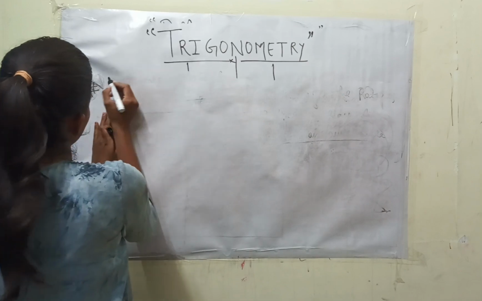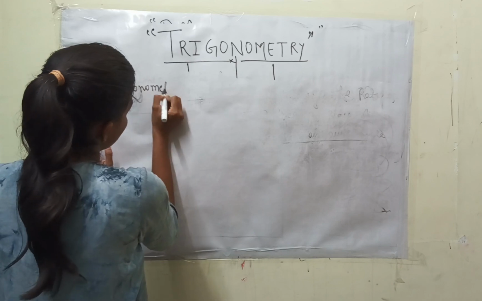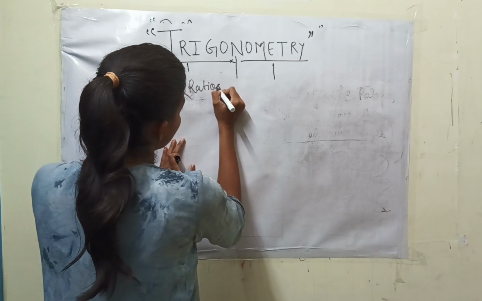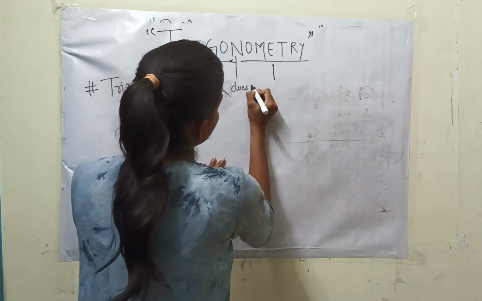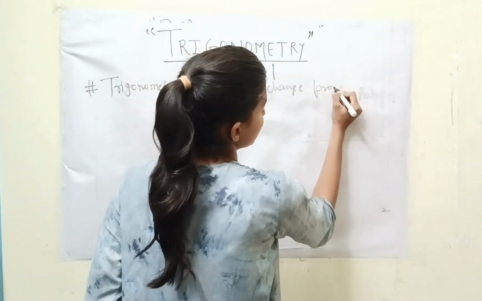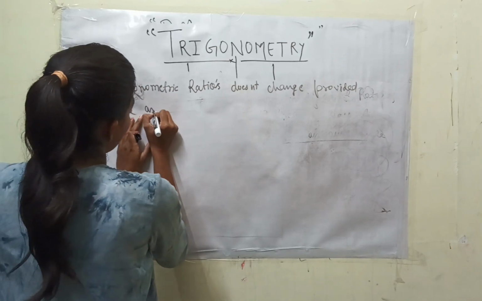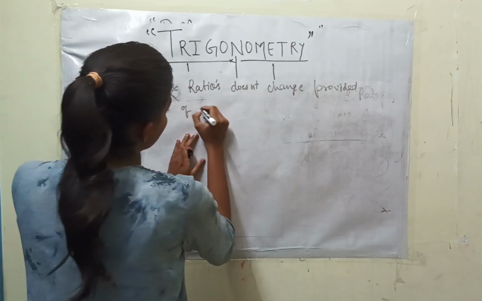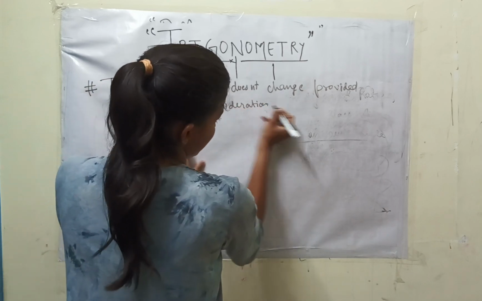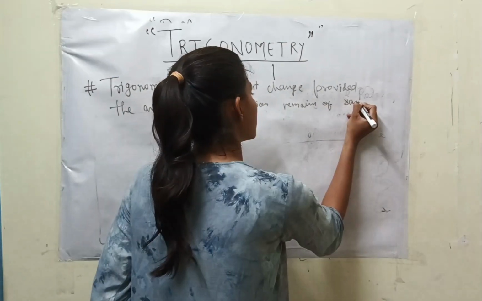So the fact is, trigonometric ratios don't change, provided the angle of consideration remains of the same measure.